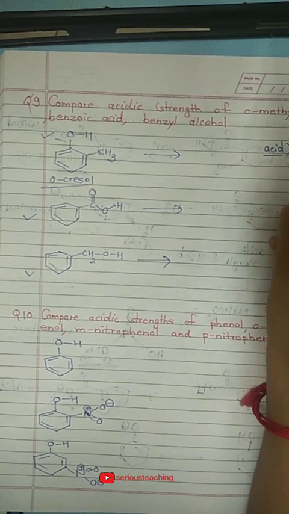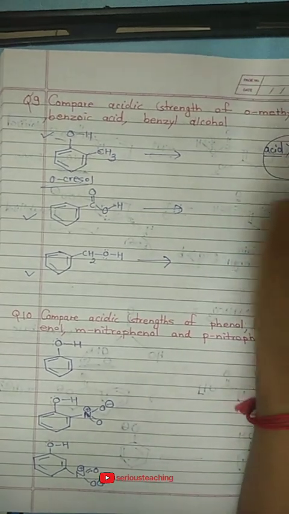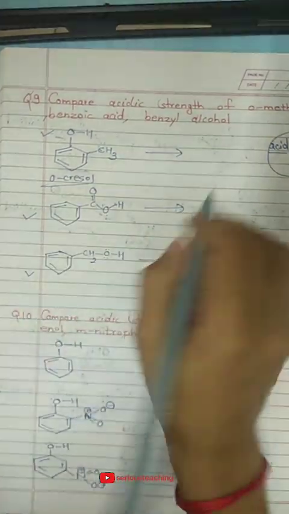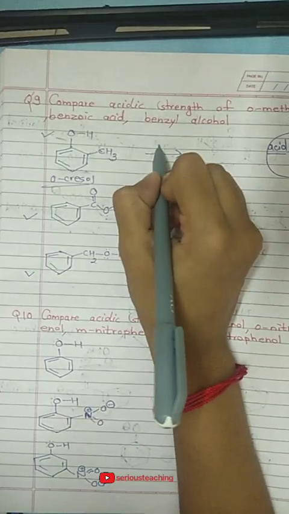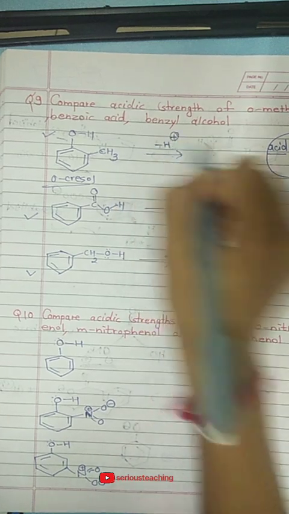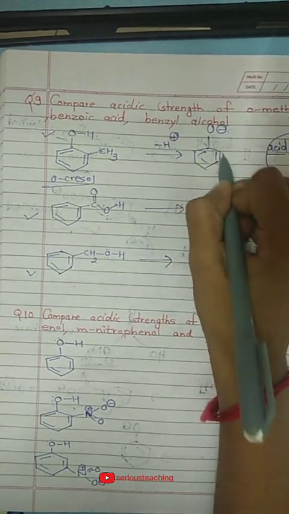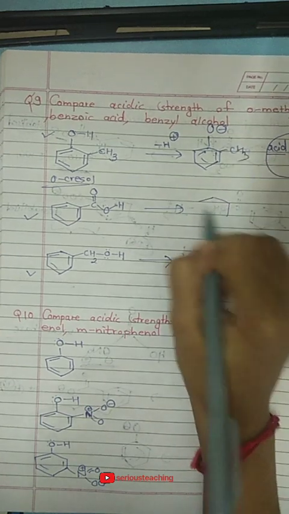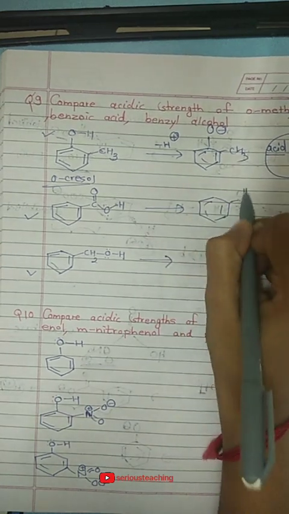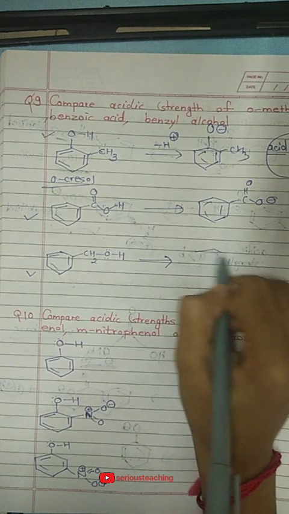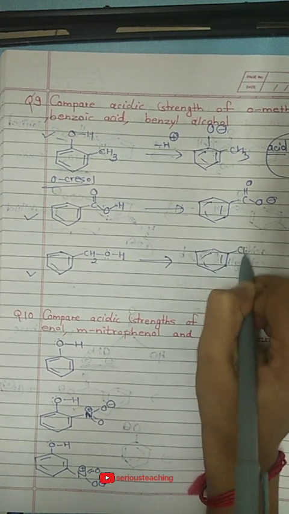Depending on this order we can also check the stability of the anion form when we remove the H plus. See here, this anion will be formed, in this case this anion will be formed, and in this case we will get this anion.